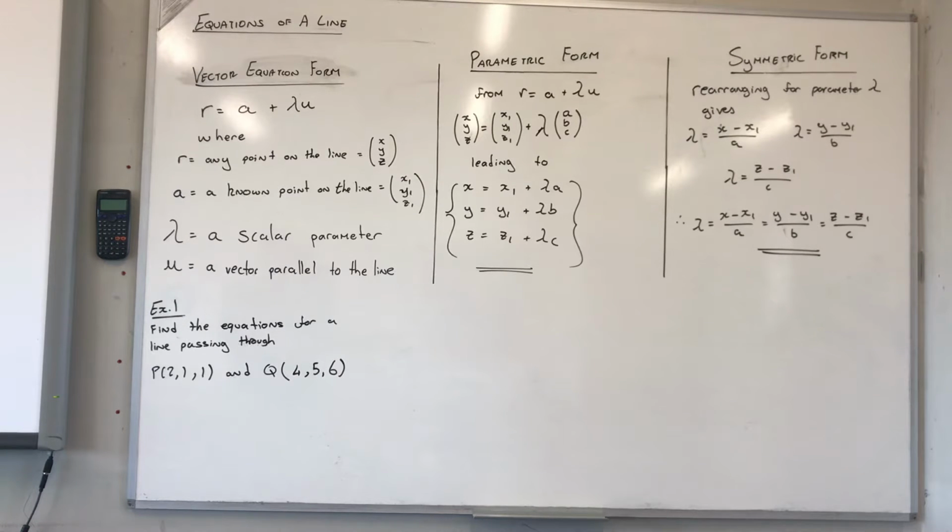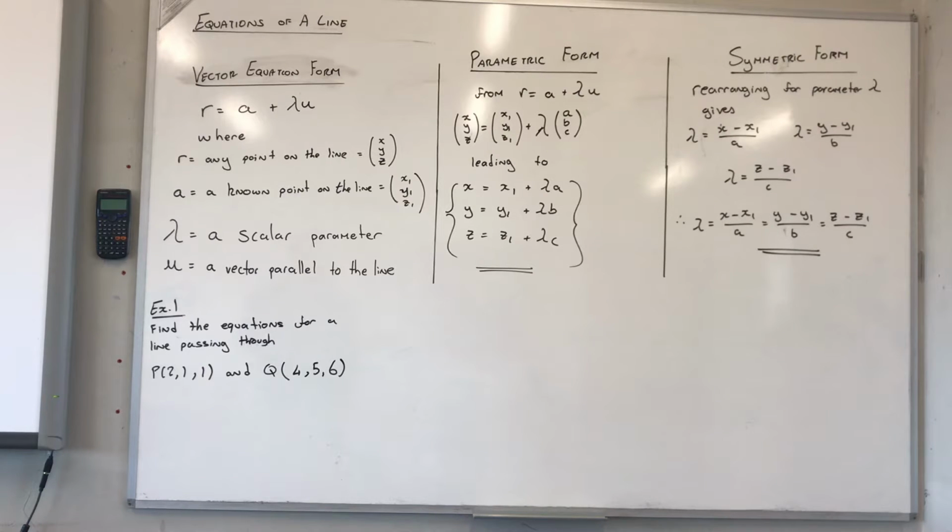From r equals a plus lambda u, we can go across to the parametric form: x, y, z equals x1, y1, z1 plus lambda times a, b, c. Separating those into the different variables, we get x equals x1 plus lambda a, y equals y1 plus lambda b, z equals z1 plus lambda c.